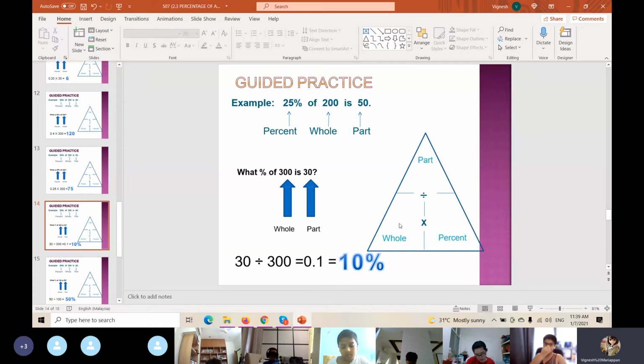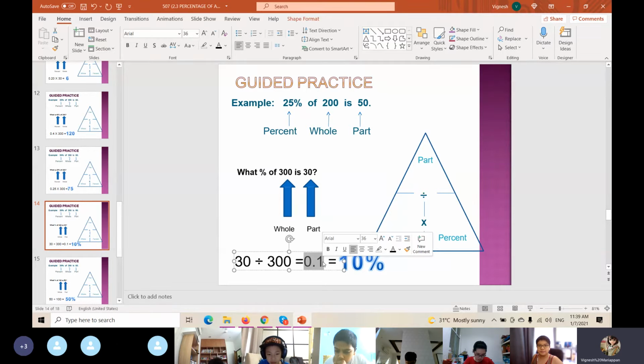Whole number is 300, correct? So, teacher, 30 divide 300 is equals to what? 0.1.